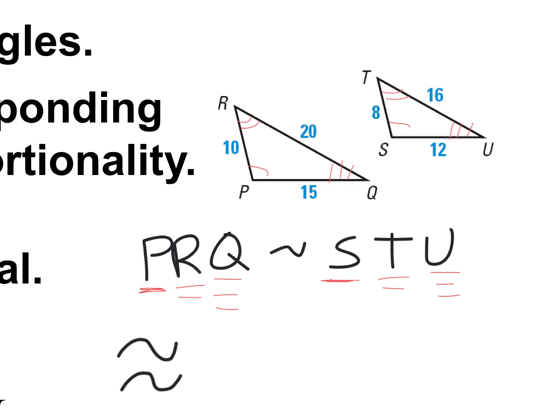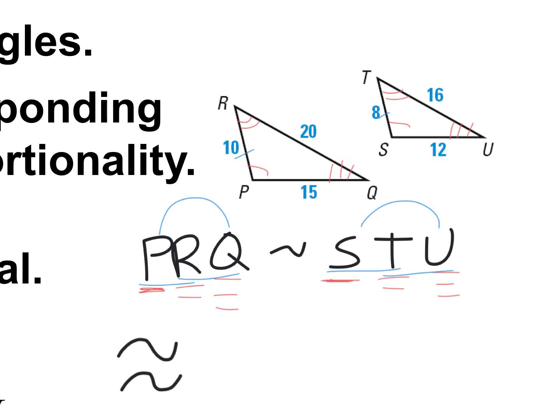What sides are similar to each other? If I look at PR, what's PR similar to? ST. Yep. If I look at RQ, RQ is similar to what? TU. And then QP? US. Yep. Somewhat remember reading those?